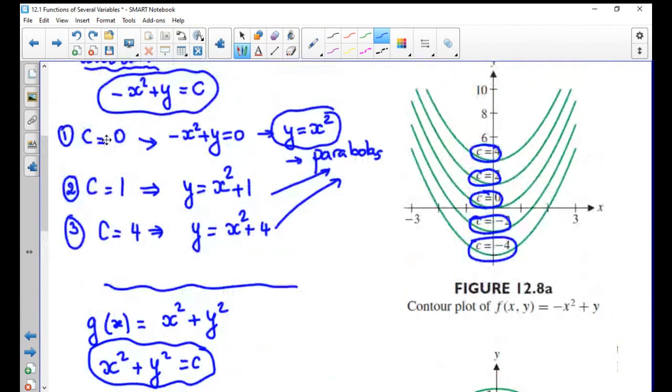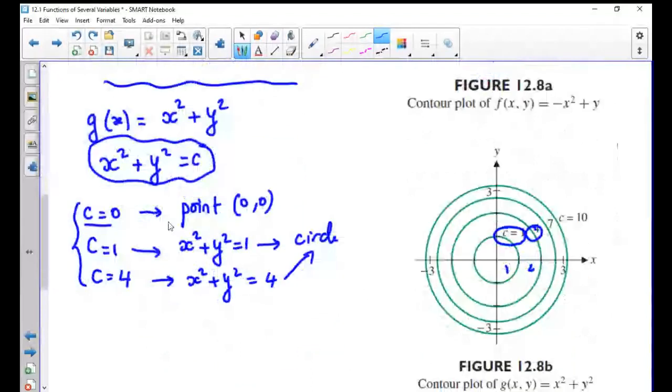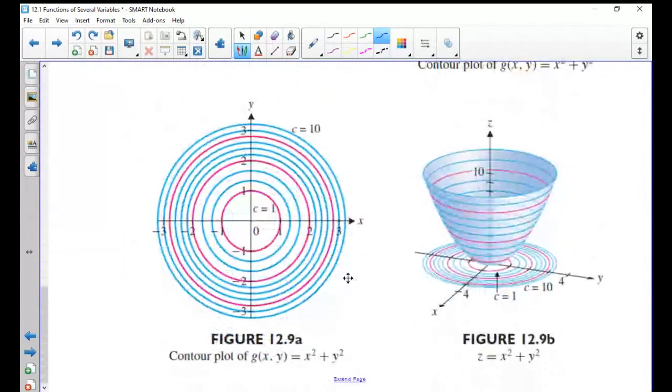Whereas before, it's okay to take c equal negative number. That's perfectly fine. Here, the values of c are just maybe greater than or equal to 0 only. So these are the level curves for that.